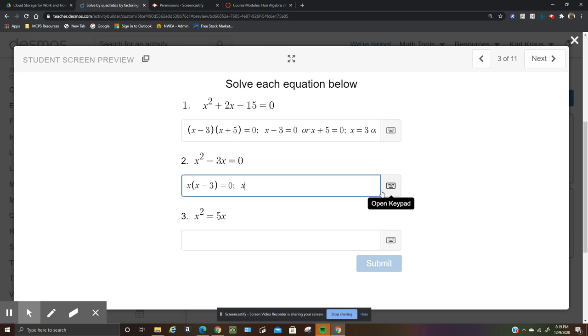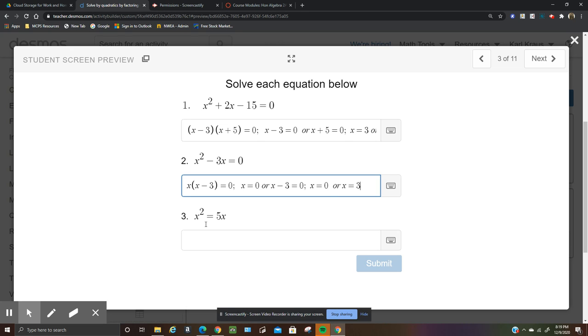So x equals 0 or x minus 3 equals 0. X equals 0 or x equals 3.